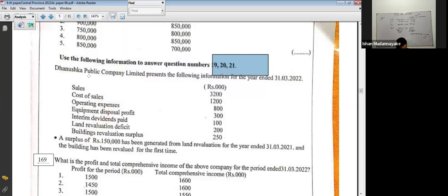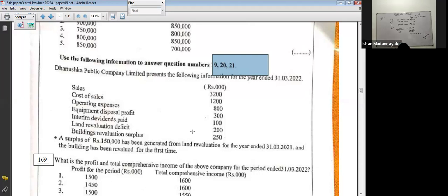Dhanuka Public Limited Company presents the following information for the year ended 31st March 2022. Sales 3,200. Cost of sales 1,200. Operating expenses 800. Equipment disposal profit 300. Interim dividend paid 100. Land revaluation deficit 200. Building revaluation surplus 250.